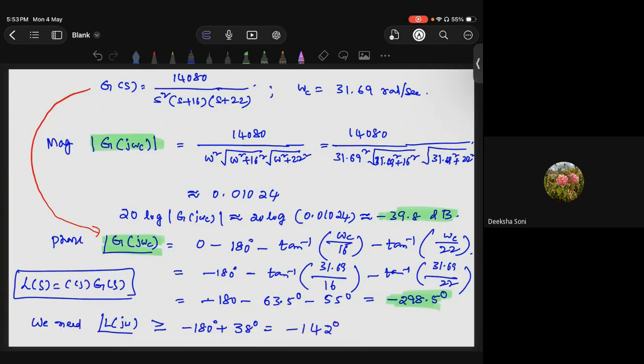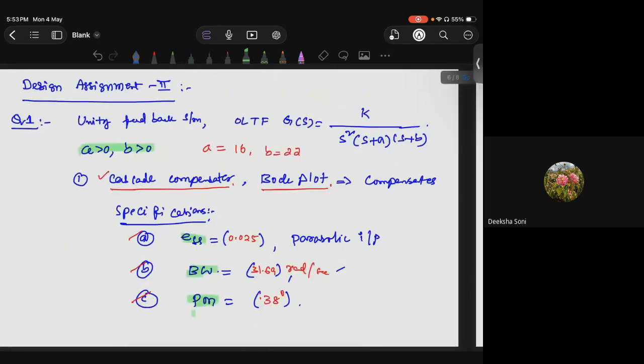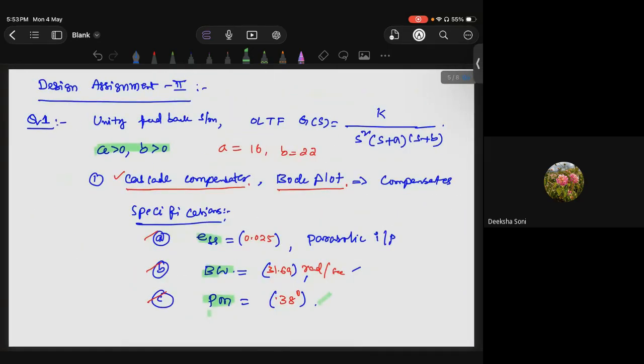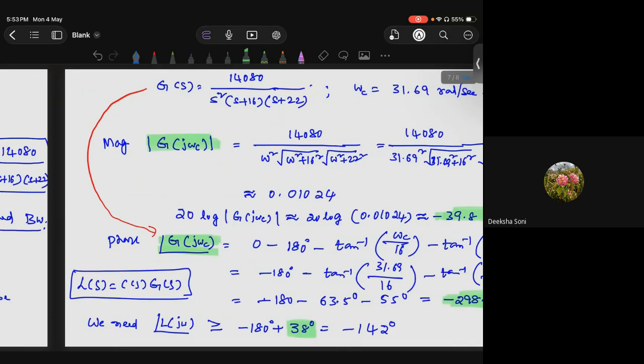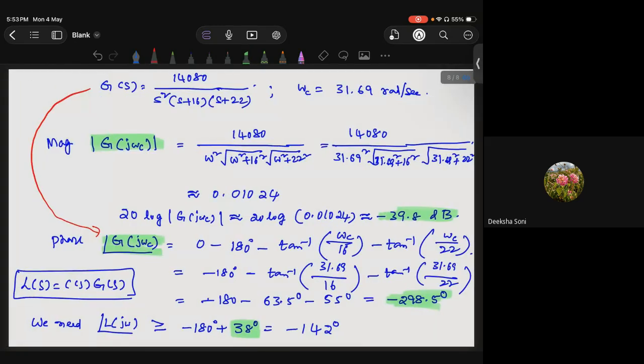What is this 38 basically? This 38 is nothing but the given phase margin.